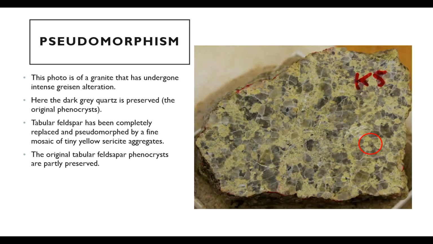So that's a pseudomorph. If it's like cerussite, it's going to be much softer than the original feldspar. Here's another example. This is a granite that's undergone greisen alteration, so extreme phyllic alteration, if you like. So quartz is okay, and the tabular feldspars have been replaced by cerussite, but they've maintained the texture of the granite. So that's a pseudomorph.